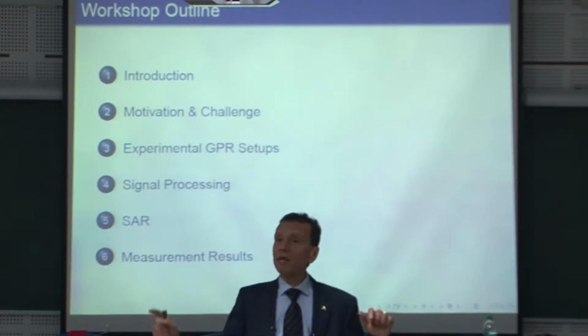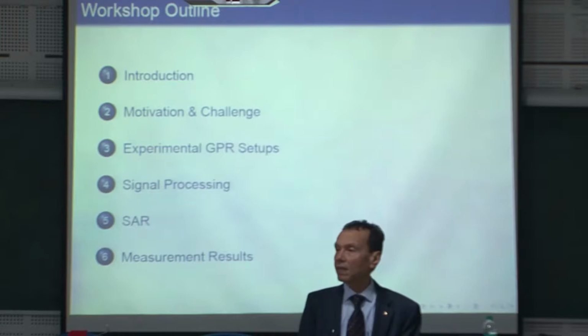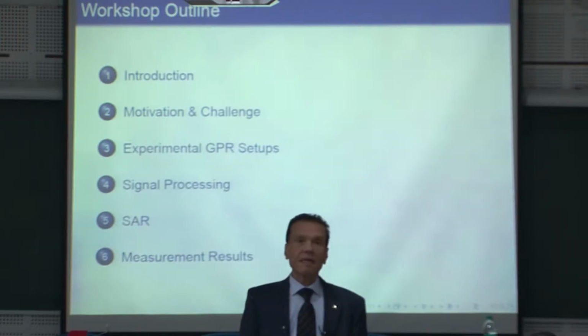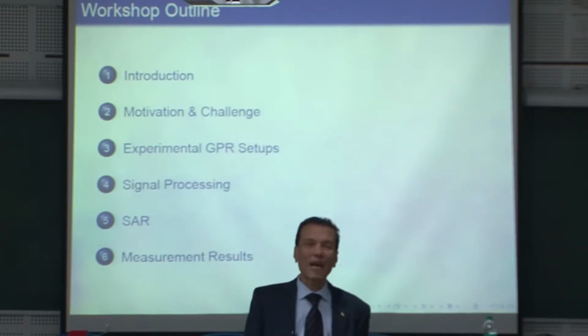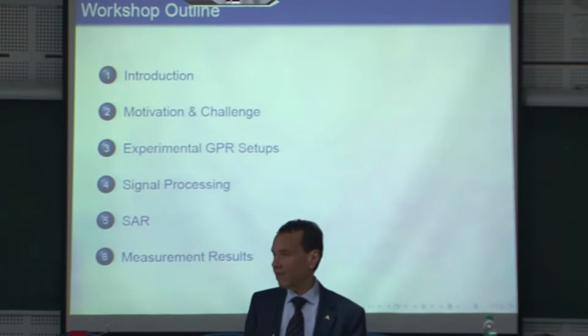Okay, you have already noticed that the wider the antenna aperture, the narrower the point spread function, which means the better the resolution. And by the way, what is called wide or narrow, as I told you before, is always in terms of wavelength.